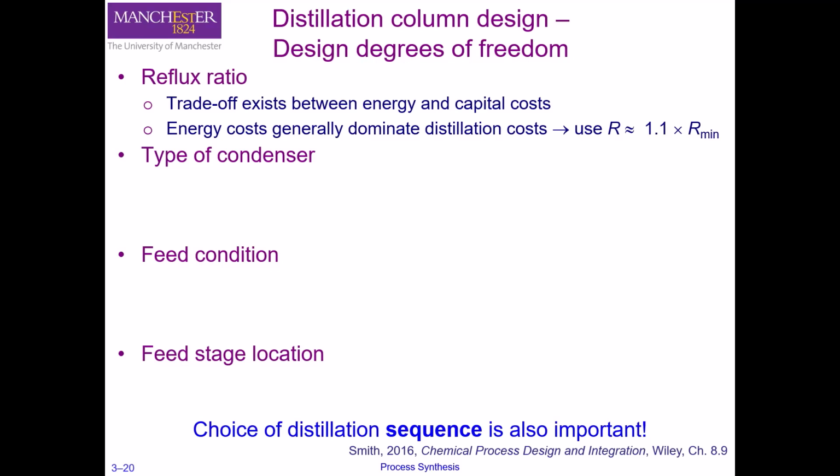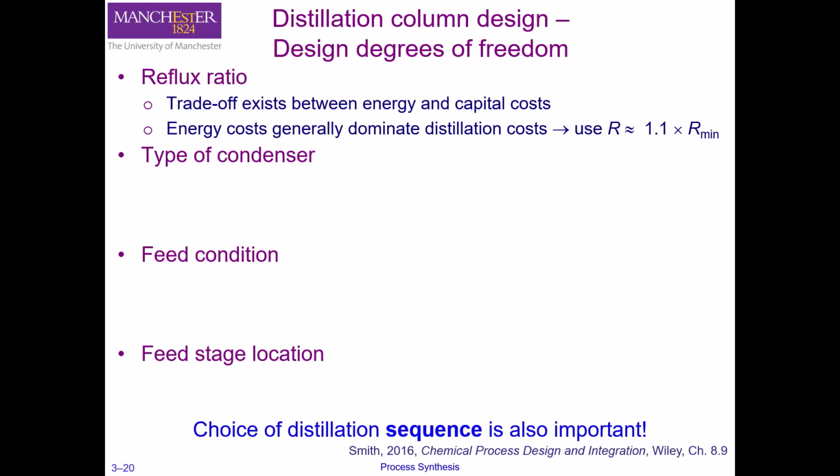As you hopefully know very well, there is a trade-off in distillation between the number of stages required and the reflux ratio. This translates into a trade-off between the capital cost of the column, according to its height, and the energy cost of the column, according to the reflux ratio.